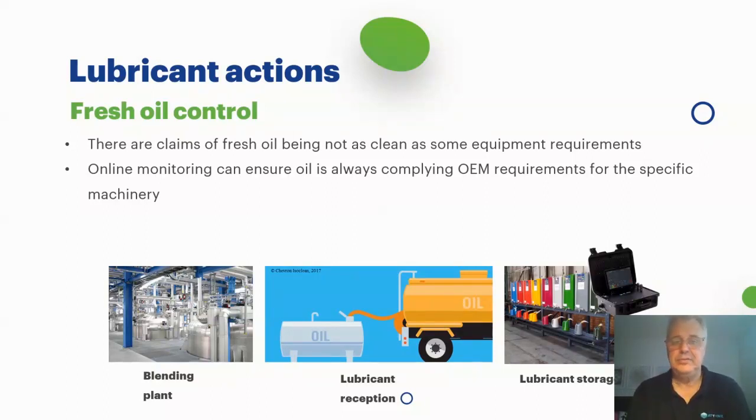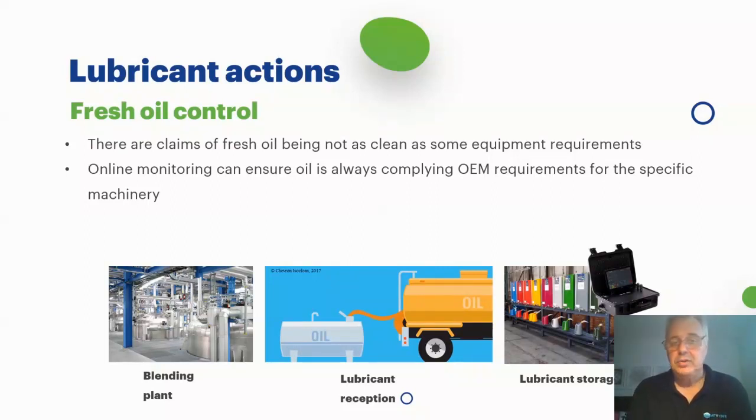Although, for some applications, some lubricant suppliers produce super clean products which involve an additional filtration process. Cleanliness can vary from one product type to another, as we said before. With online monitoring, a blending plant could have quick and easy access to cleanliness data of all batches. I don't know if they're already doing this, but anyway, this can be done.